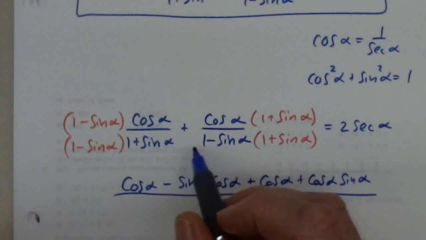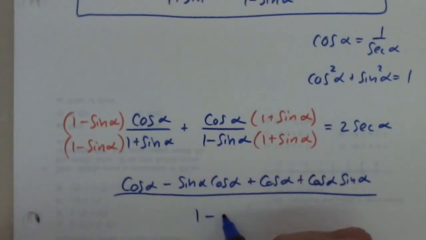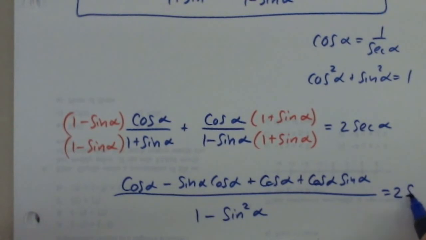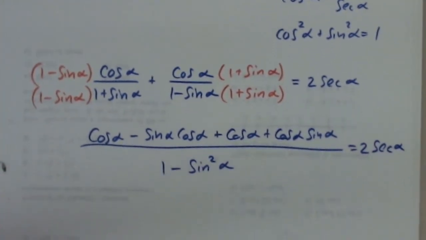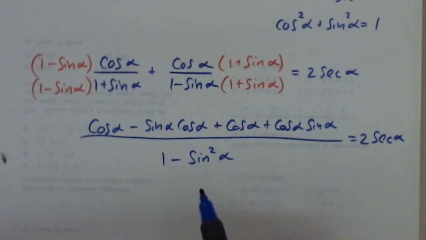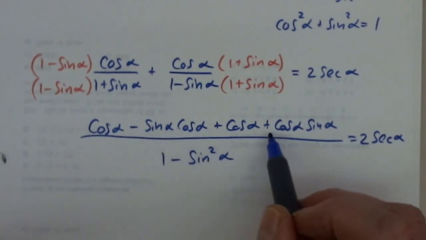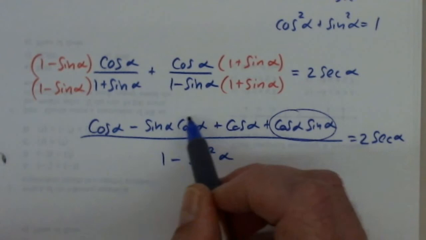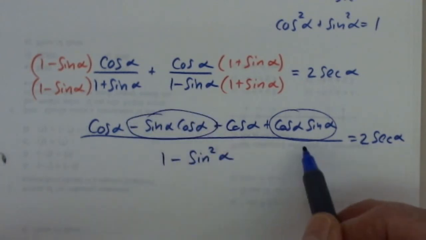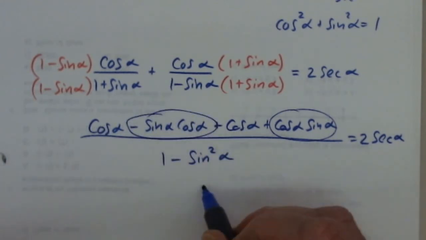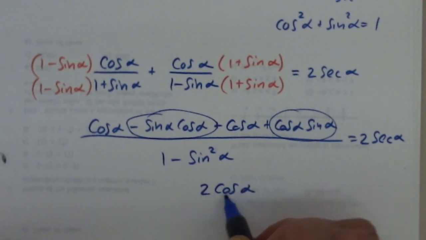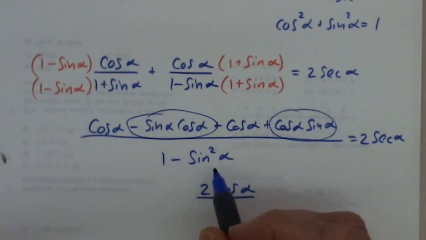The denominator is going to have 1 minus sine squared. In the numerator, we have negative sine cosine, positive sine cosine. So this equals 0, 2 cosine, and then 1 minus sine squared.